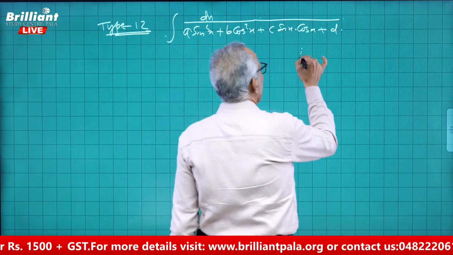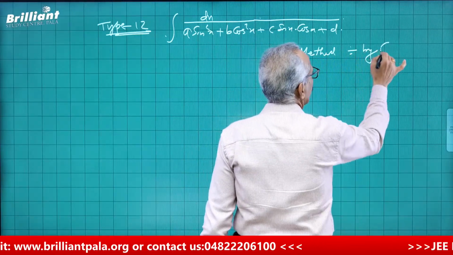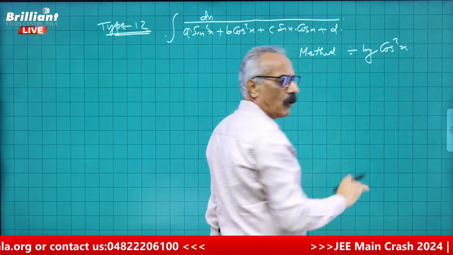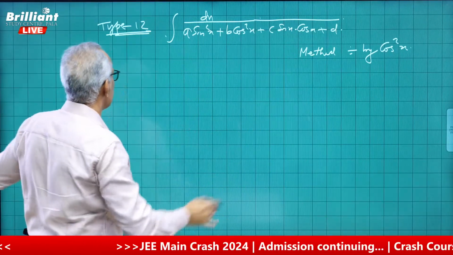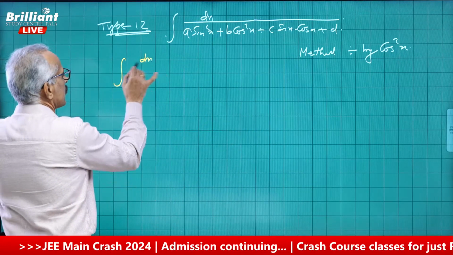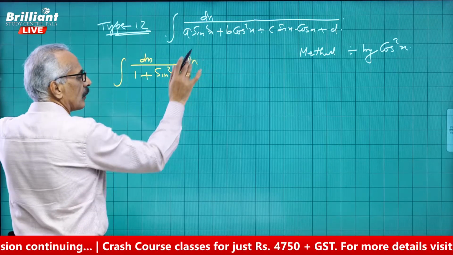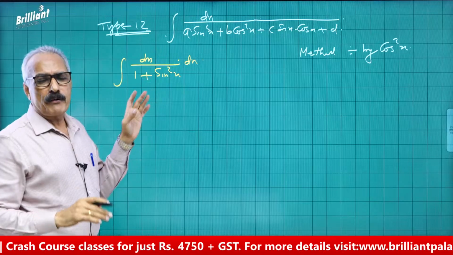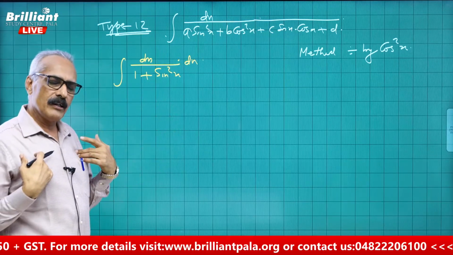Method is very simple. Divide by cos square x or sin square x, but I do apply this cos square x. One example, integral dx divided by 1 plus sin square x. You see, numerator is a constant, fine. Denominator, second degree in sin and cos, good, fine.